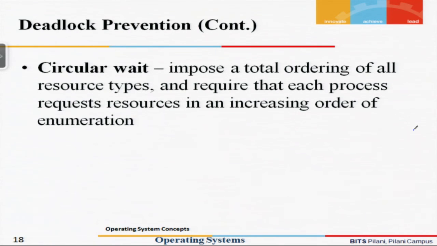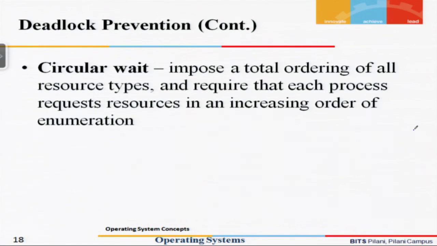If a process has made requests for resource type 1, resource type 2 and resource type 3, and now wants to make a request for resource type 0, it will not be allowed.